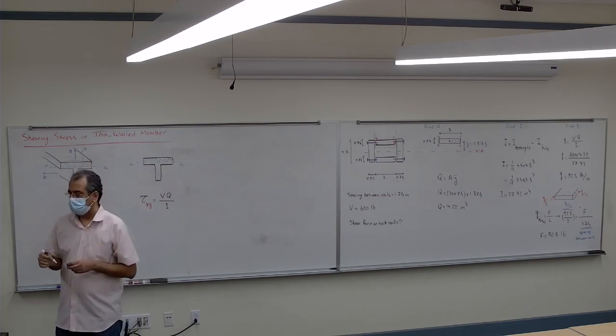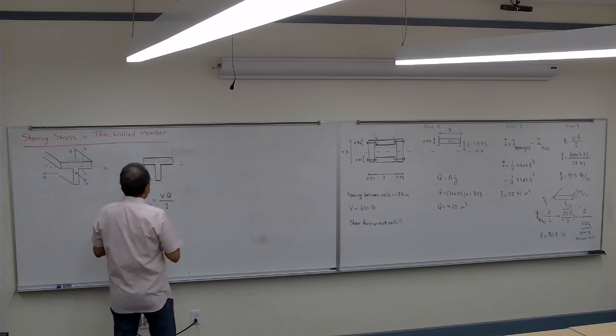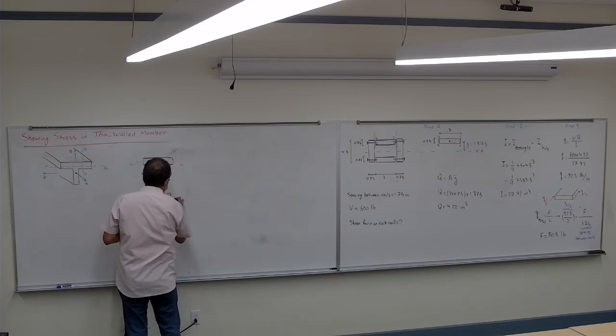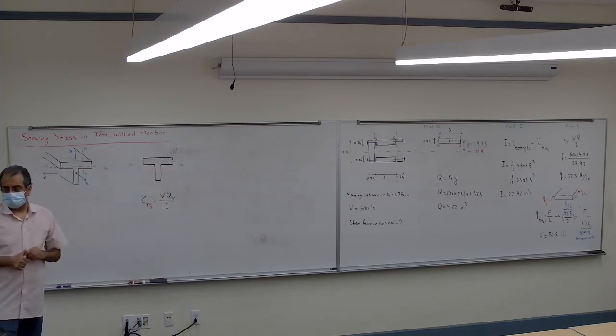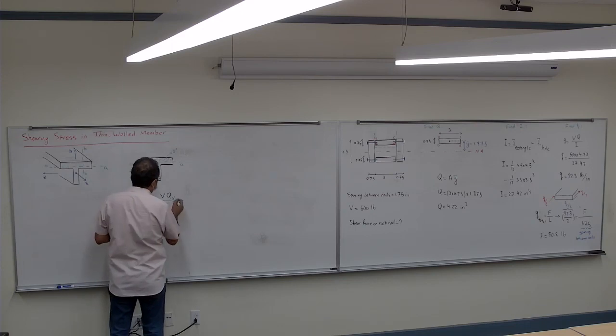The Q on top of where I cut it. So if I call this area A prime, it's going to be the Q of the A prime. So now I need the t. Where would be the t?